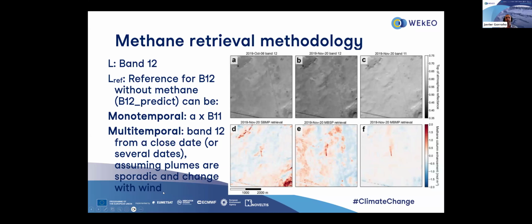And this is the whole idea: to play with a normalization of band 12 with the closest one you've got without methane. So the idea is very simple, and you get an enhancement image.